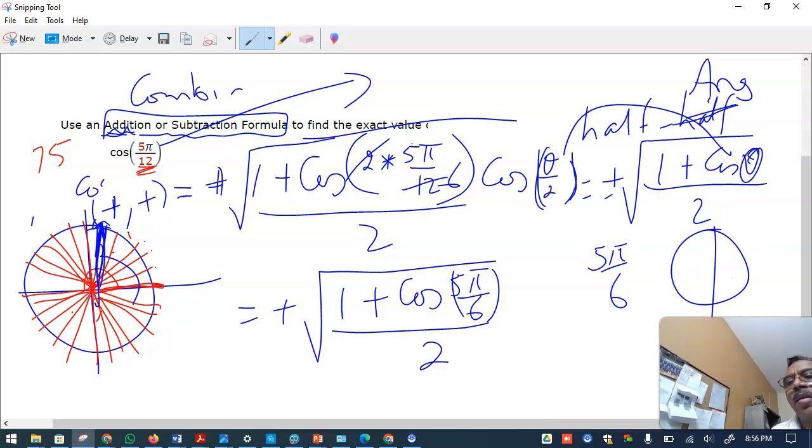So 5 pi by 6 is 30 degrees, 5 times. So each of the is 1, 2, 3, 4, and 5 pi by 6 it is. So 6 pi by 6 will be here. So 1 pi by 6, 2 pi by 6, 3 pi by 6, 4 pi by 6, and 5 pi by 6 here. This is the one.